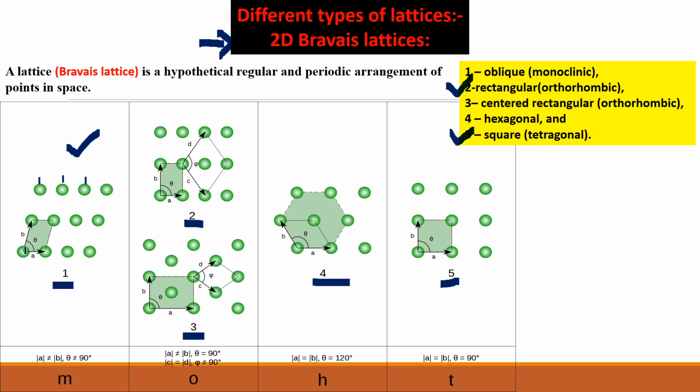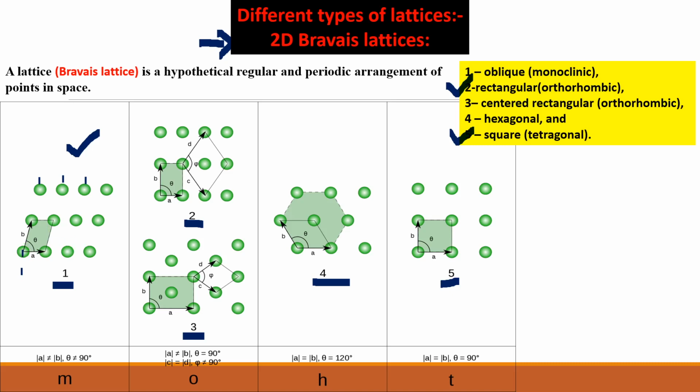If we consider an origin and draw the axes, one in the B direction and another in the A direction, the angle is not equal to 90 degrees. Here A is not equal to B. Keep in mind that the angle between the A and B vectors is different from 90 degrees and 120 degrees, and this figure shows the oblique lattice.